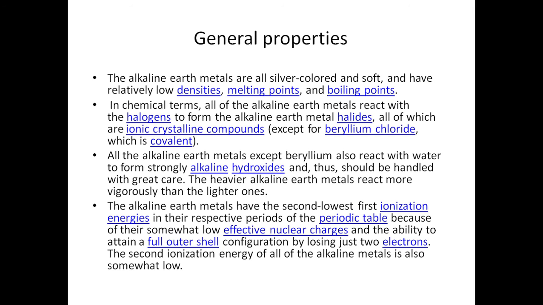And that is why the second ionization energy of all the alkaline earth metals is also somewhat low. So then we will follow the chemical properties on the basis of their ionization properties and their electron affinity properties of the group 2 elements.